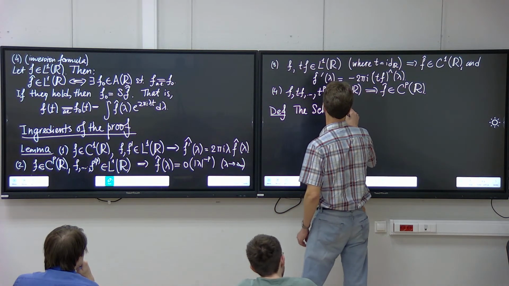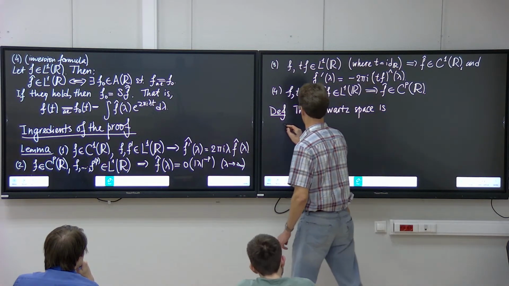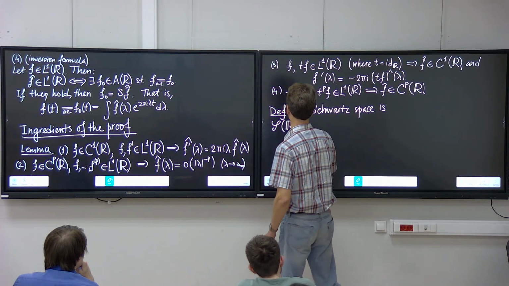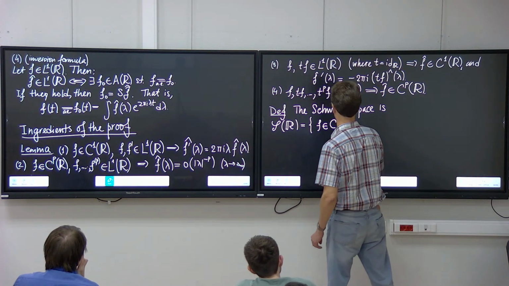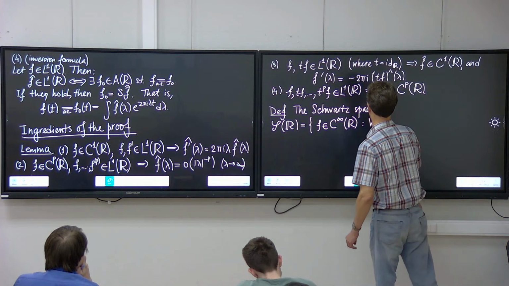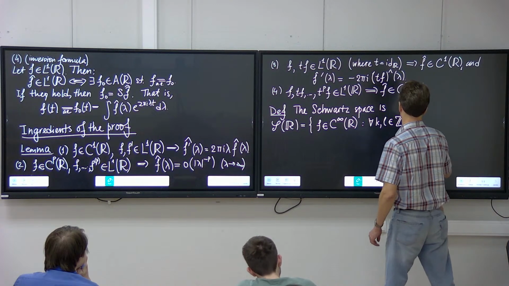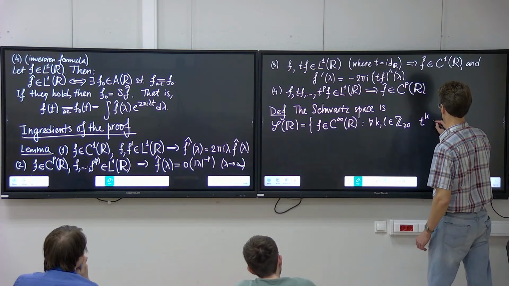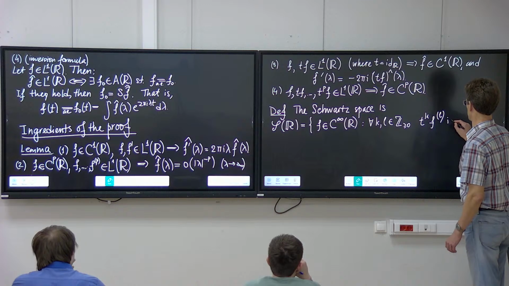The Schwartz space on the real line is the following vector space, which is denoted by script S of R, and it consists of those infinitely differentiable functions f on the line, such that for all non-negative integers k and l, t to the power k times the lth derivative of f is bounded.